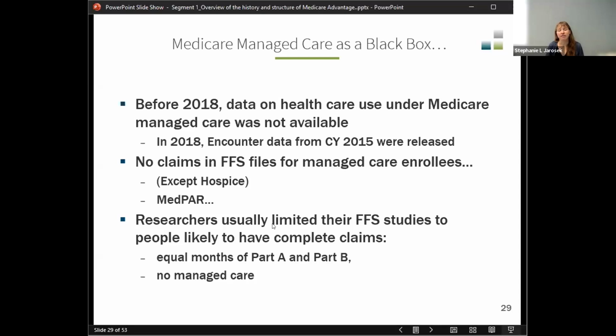Researchers have usually, in the past, before we had Encounter Data, limited their fee-for-service studies to people likely to have complete claims, meaning they had equal months of Part A and Part B, so we felt confident that we would see all of their healthcare use, and they had no managed care, because if they were in a managed care program, then we wouldn't be able to see their use.